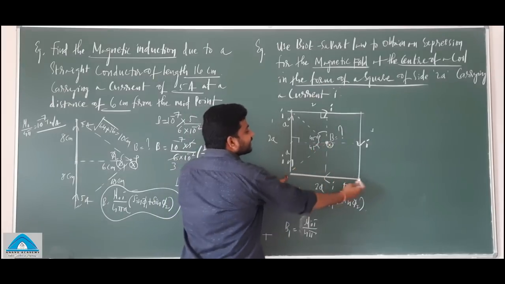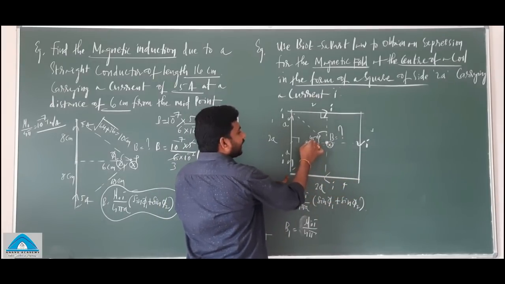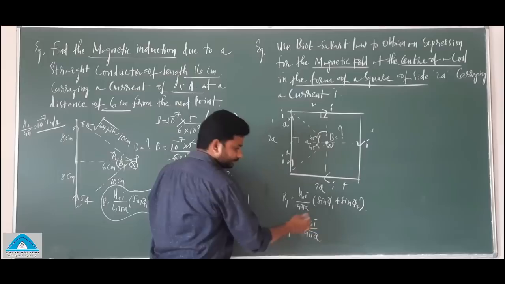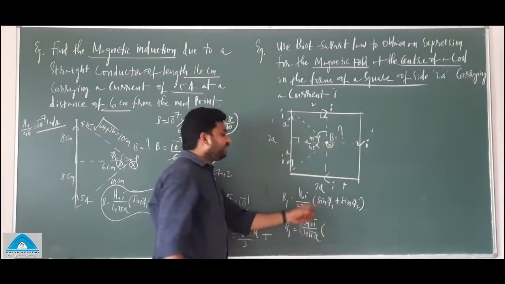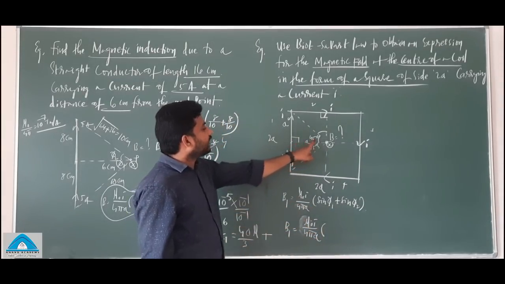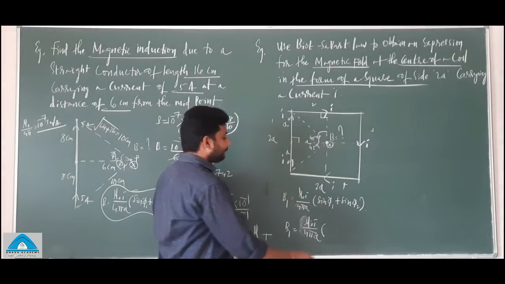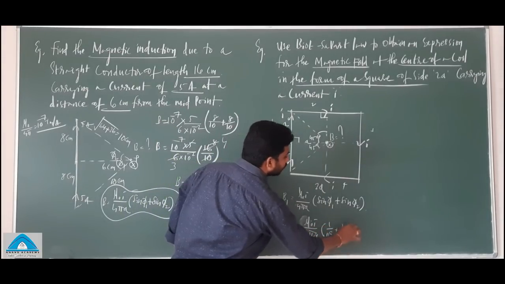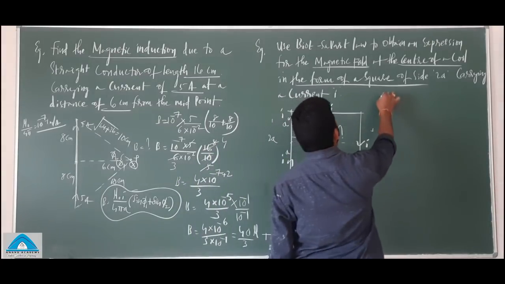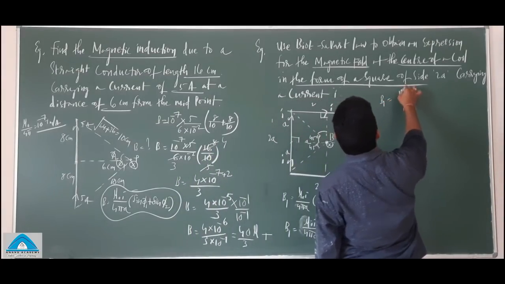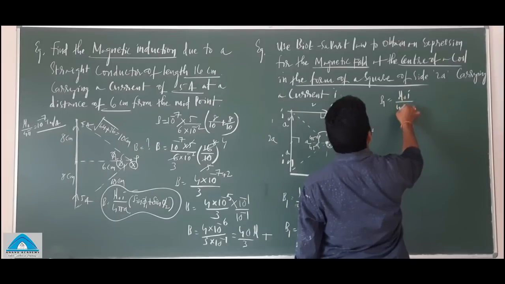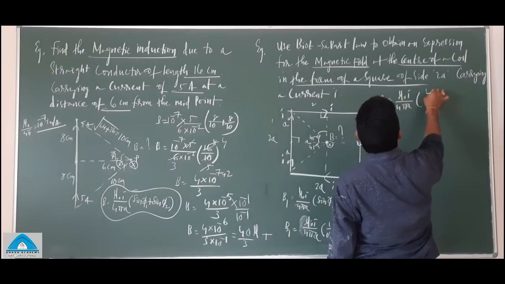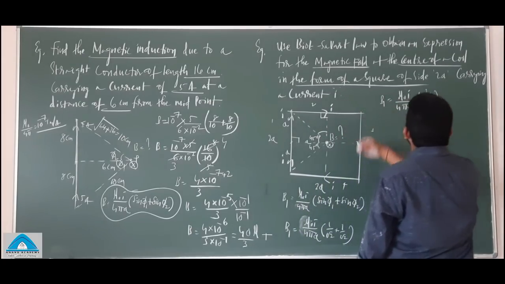So what is that? If the total is A to A and this is also A. Understand? So this is A into sine phi 1. Sine phi 1 is sine 45, 1 by root 2 plus 1 by root 2. So what I am writing, B1 is equal to mu naught I by 4 pi A into 2 by root 2.